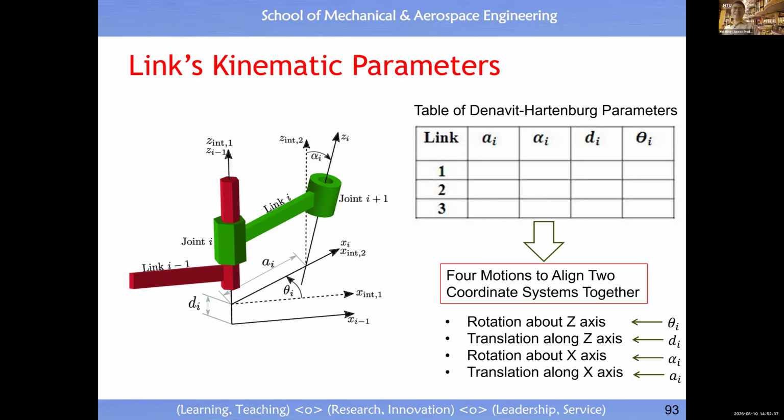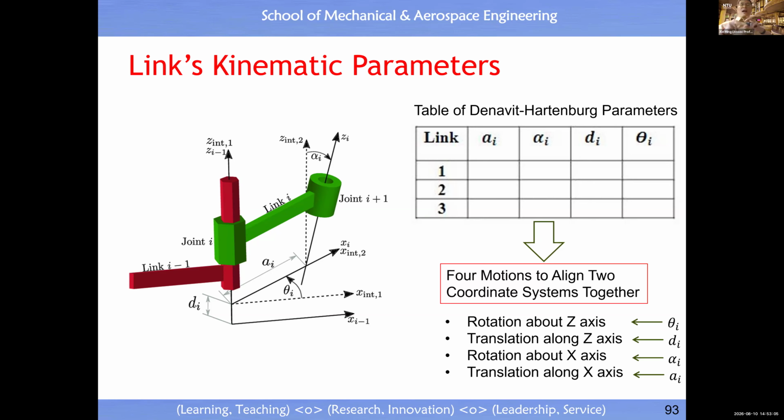In the second part of the study, you will learn more about it. Here, I just give you the summary, okay? You just look at the motion sequence that will bring one coordinate system to superimpose another coordinate system. A sequence of motions makes 2 adjacent coordinate systems superimpose together. First one is to rotate about the z-axis.